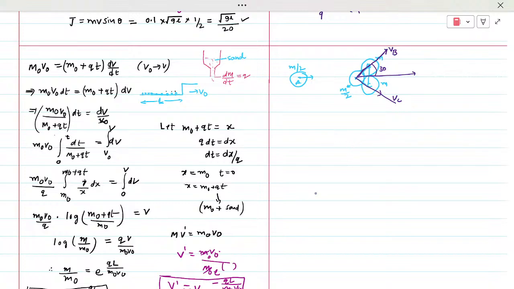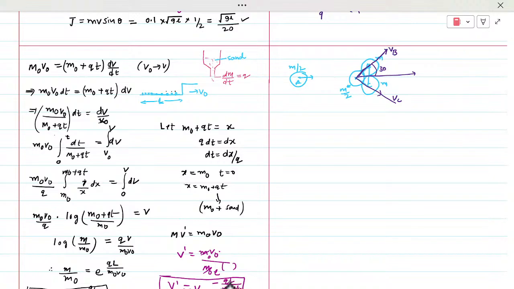And now in the horizontal direction there is no external force. Therefore, first I will find out the VB, VC velocities and the final velocity of this one. And this is after collision. This A is coming to rest.